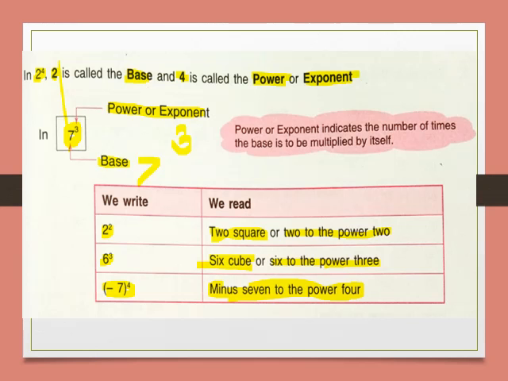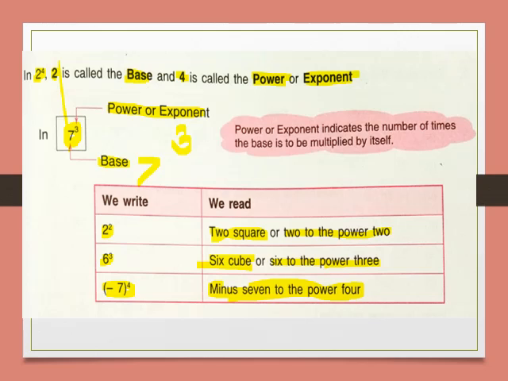See here, in 2 raised to 4, let's see some more problems. 2 is called the base and 4 is called the power. Power, and the other name is what? Exponent. Power or exponent.